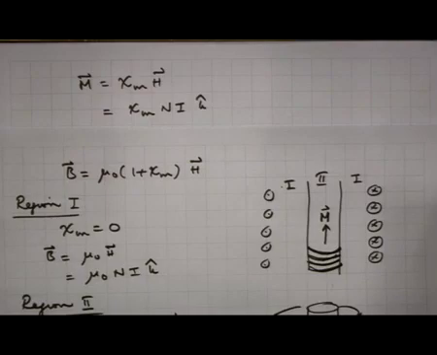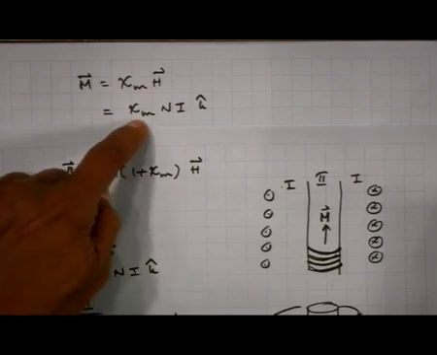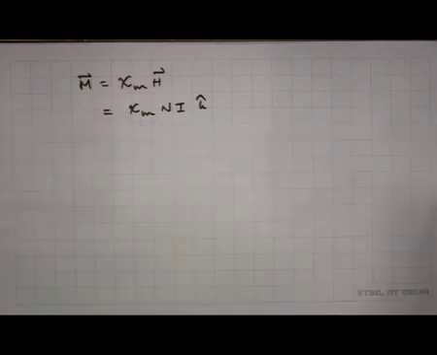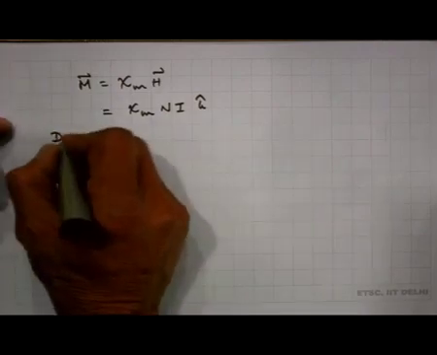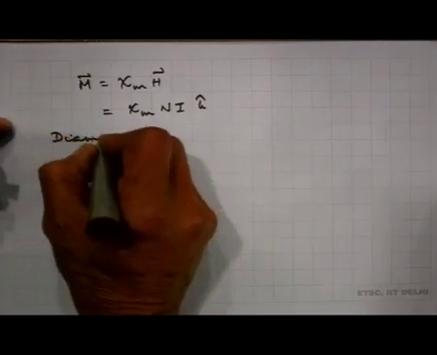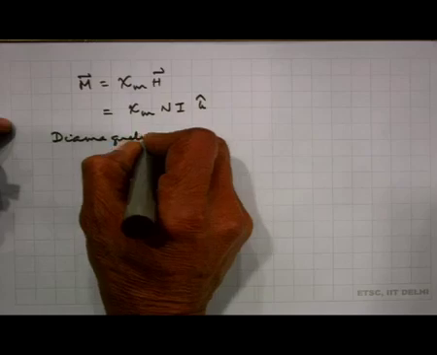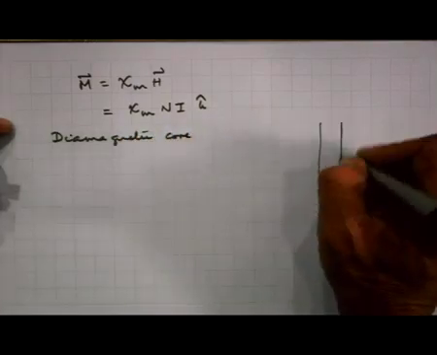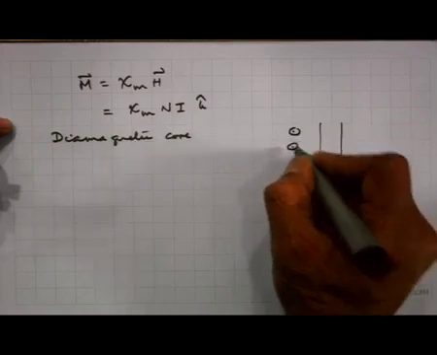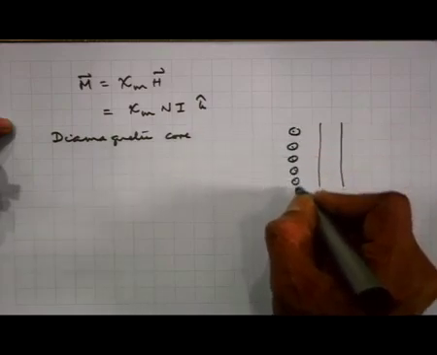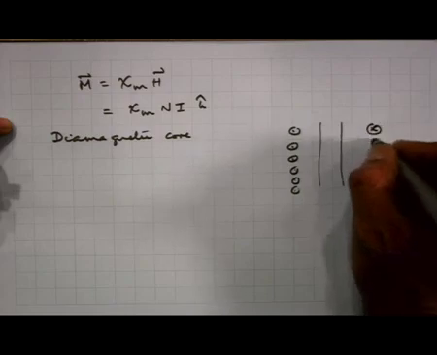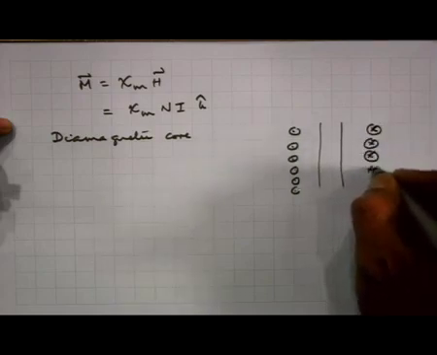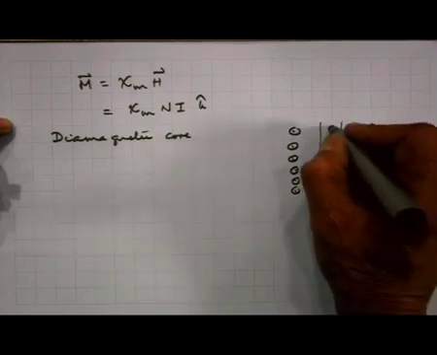Now, you see here for diamagnetic, chi m is negative. So, let me draw the figure here again. So, if I had a diamagnetic core, that means if this medium was diamagnetic, magnetization is like this.